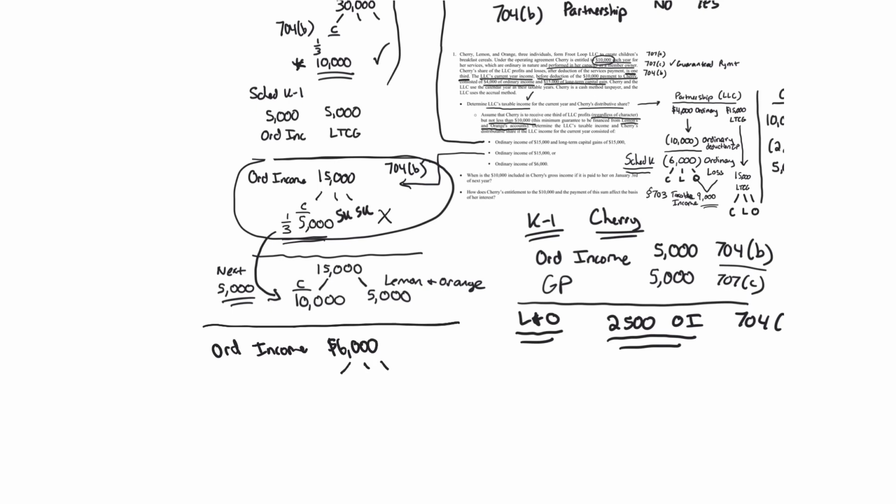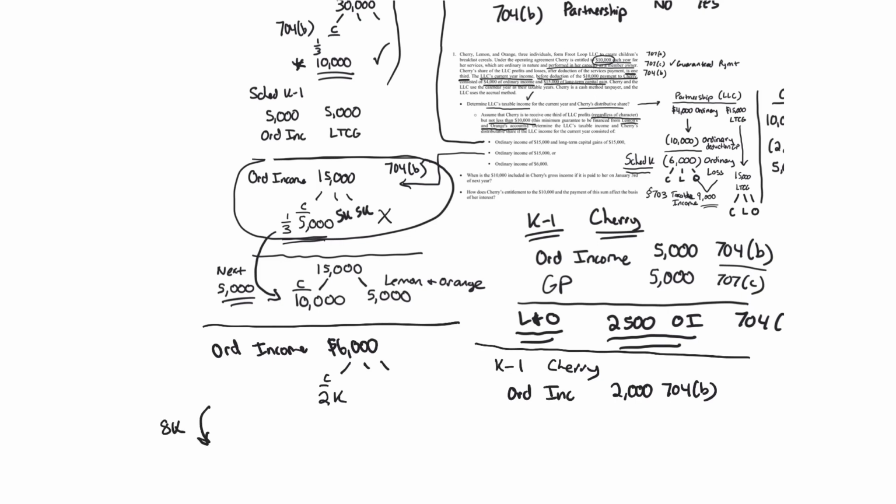This one's quick because it's a similar idea, right? 1/3, 1/3, 1/3. So Cherry's allocated $2,000. So on the K-1 of Cherry, we've got ordinary income, 704B of $2,000. But remember that Cherry is supposed to get $8,000.